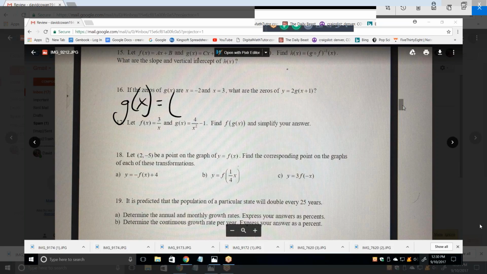What are the two linear factors that multiply together to give you g of x? X plus 2 and x minus 3.